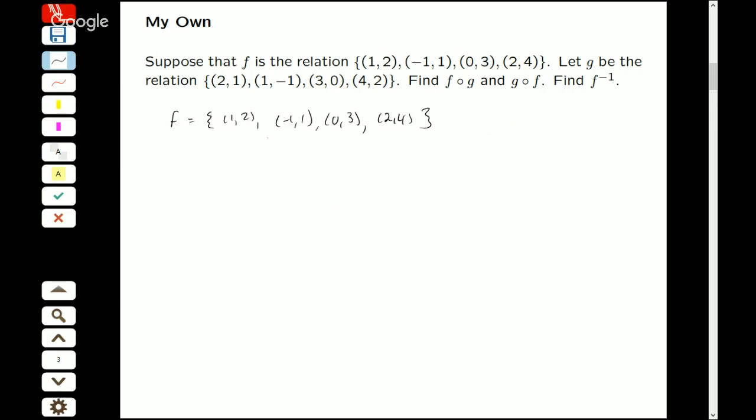And what I want to know is if I make g be the relation (2, 1), (1, -1), (3, 0), and (4, 2), what is f composed of g? Yeah, so let's start with, this is f of g of x.